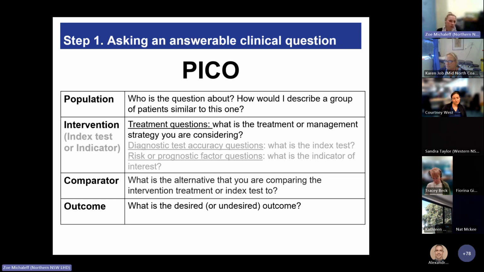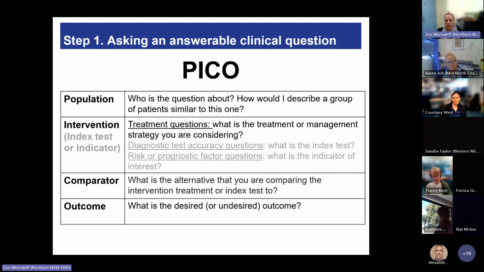The I stands for intervention, for treatment questions. So what's the treatment or management strategy you're considering? We often define the intervention as the new treatment that you're wondering if it's effective. So what's the new treatment you're looking to implement into practice? Depending on the research question, the I can also stand for index test if you're asking a question about diagnostic test accuracy.